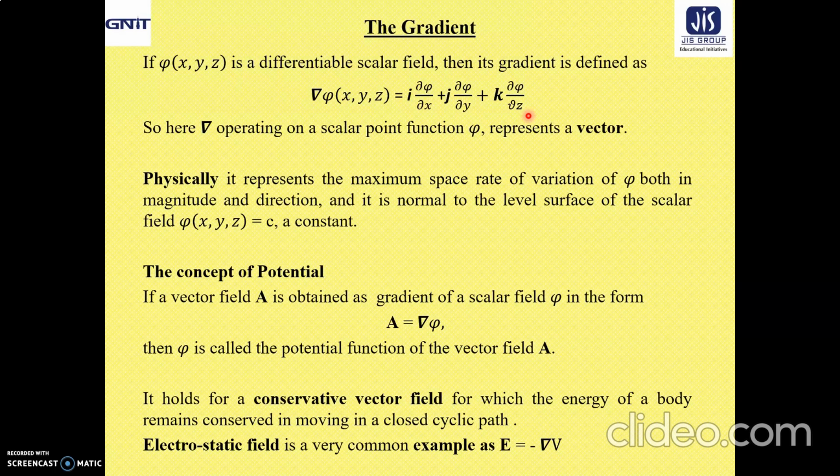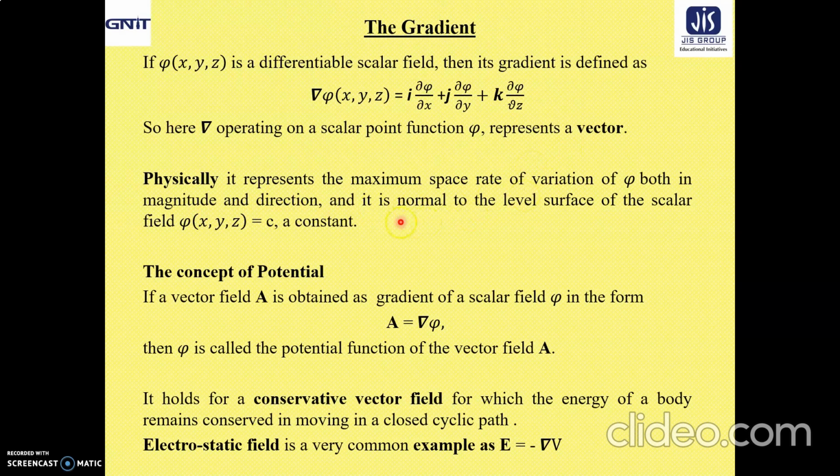Now physically, what is the meaning of the gradient? Physically, it represents the maximum space rate of variation of phi both in magnitude and direction. Basically, it represents the variation of phi with respect to x, with respect to y, with respect to z. That means space rate of variation, there is no doubt about it. Now what about that direction?